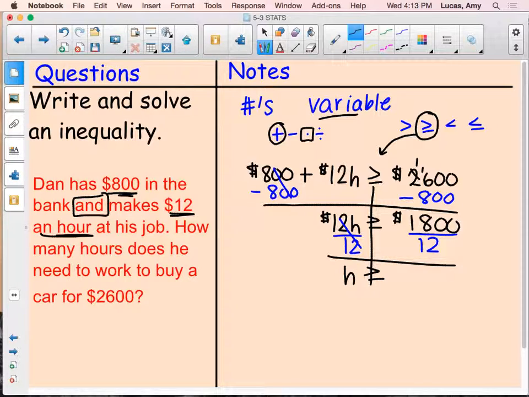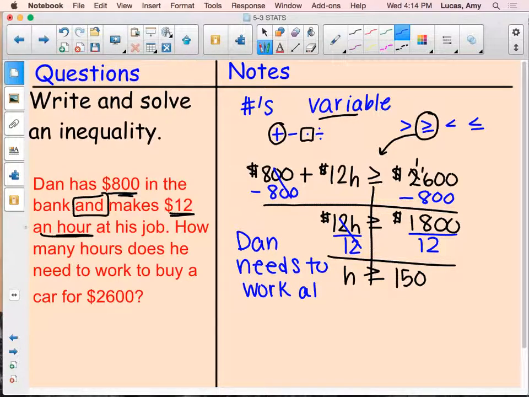So if I divide these, 1,800 divided by 12 is 150. So we can say Dan needs to work at least 150 hours to have enough money to buy the car.